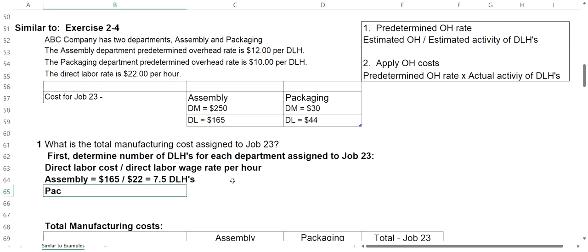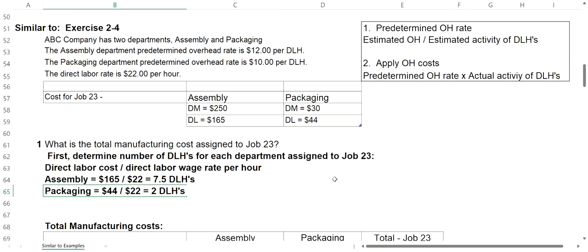For packaging, if you look up above, the direct labor cost for packaging is $44. The direct labor rate is still 22. Divide that out. That is 2 direct labor hours for job 23 in packaging.